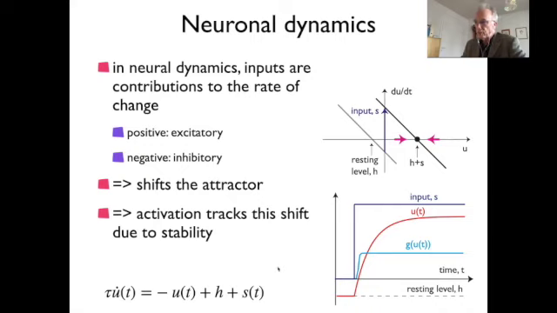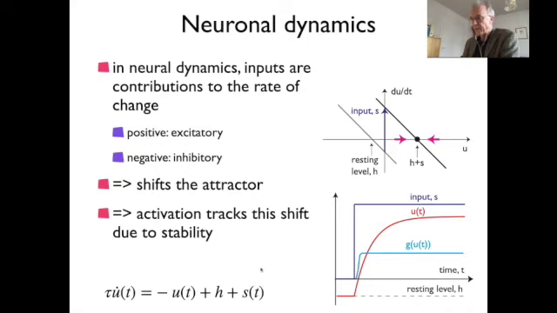So inputs are called excitatory if they add positive rates of change, so if this is a positive number. And if it's a negative number, or if I put a minus sign here, those would be inhibitory inputs. That is, they make a negative rate of change. They drive the activation into the direction of less activation. So if you think of an input like that, this is a constant in terms of it doesn't depend on u, right?